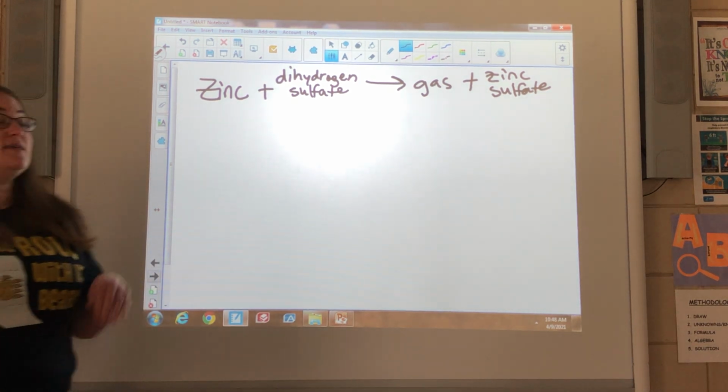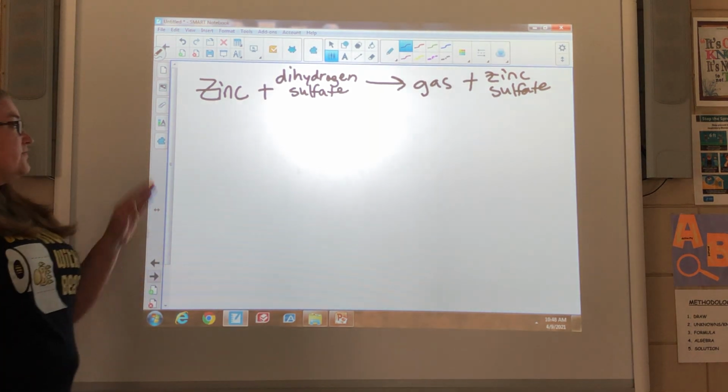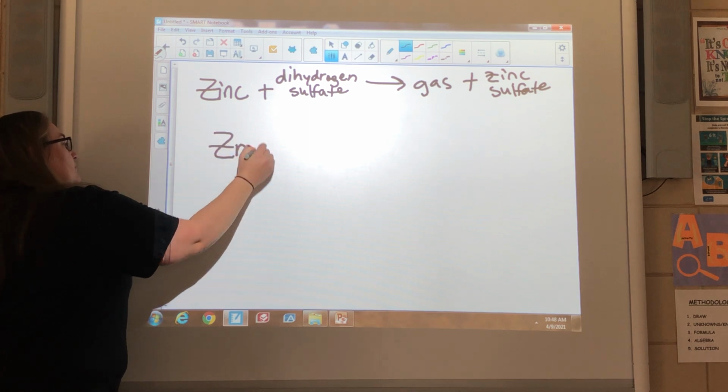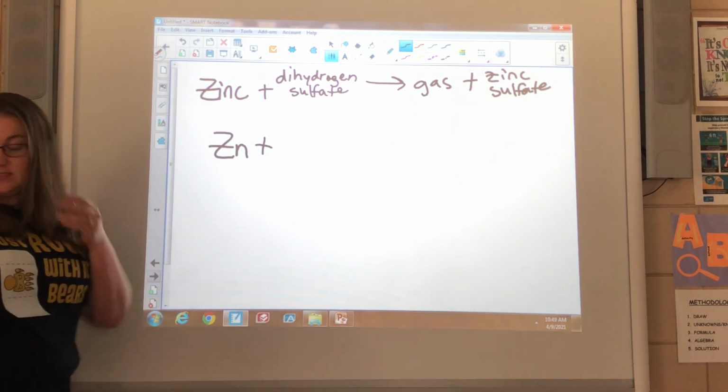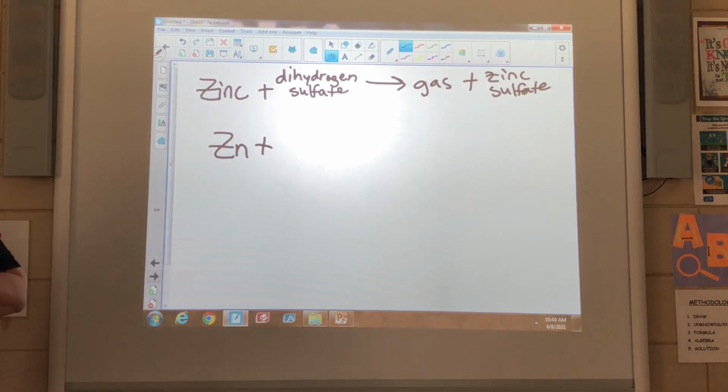All right, so let's go to the skeleton equation. We've got zinc. When we write zinc, we're just going to put the element symbol. All right, and we've got dihydrogen sulfate.